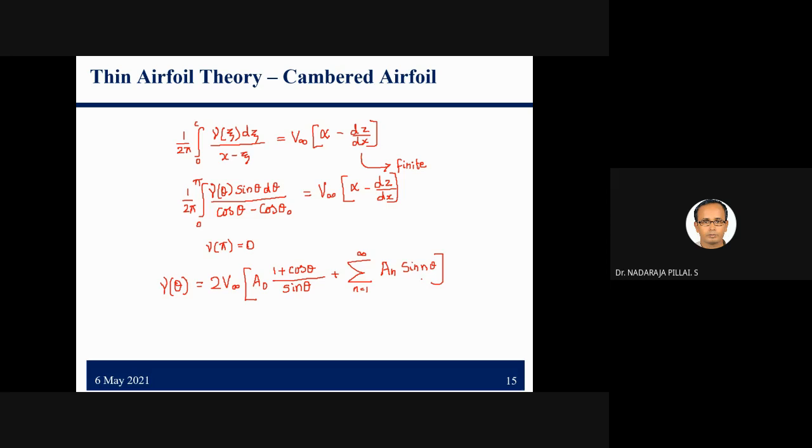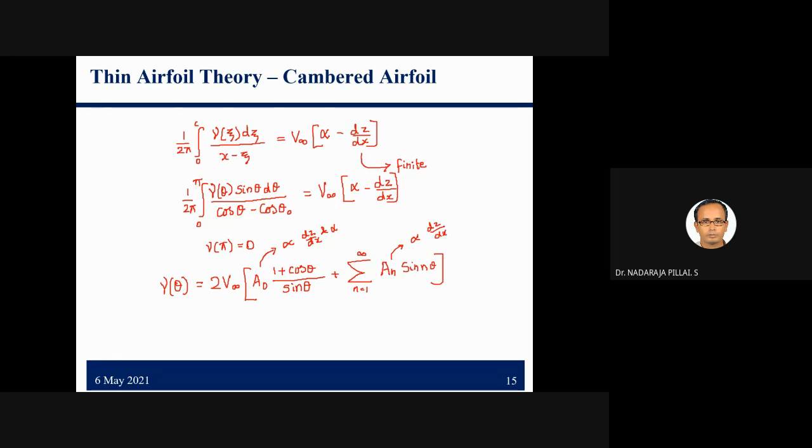So we have the coefficients An. An is a Fourier sine series term, and An depends upon the shape of the camber line, and A naught depends on both alpha, the angle of attack, and the slope dz by dx, right?